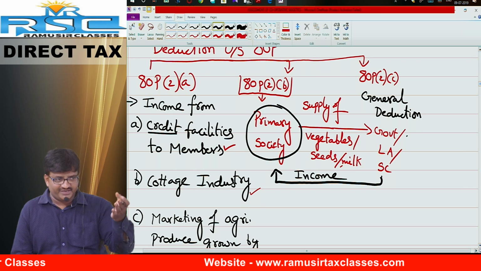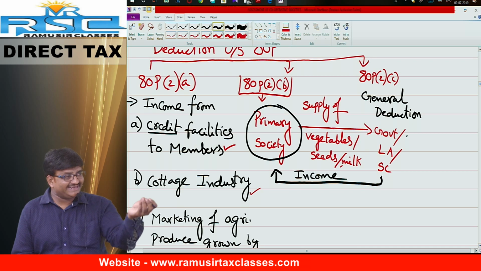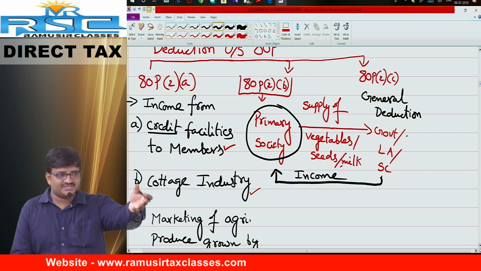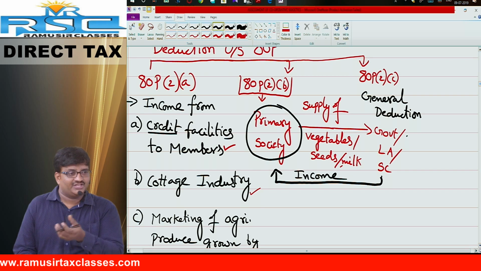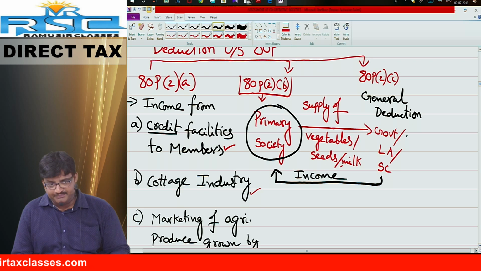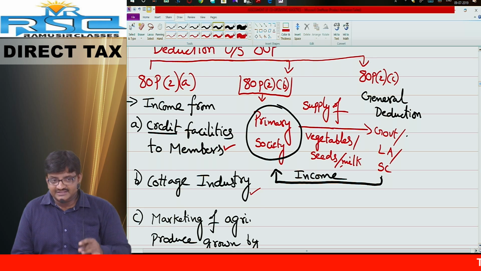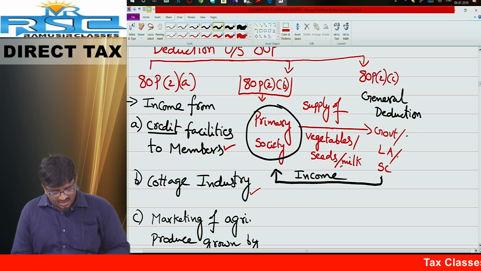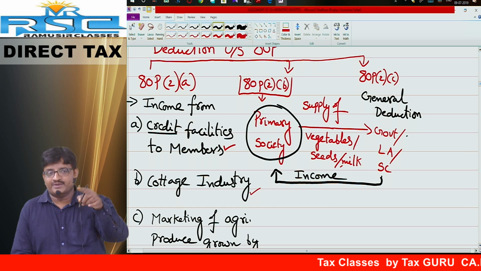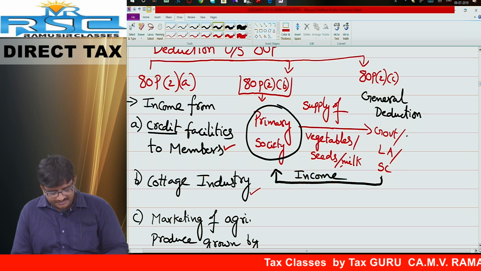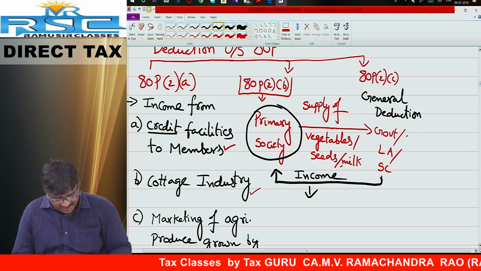In government schools in the afternoon they offer lunch, providing egg and milk to students. For that purpose they purchase from the market. So government can buy the same from the primary cooperative society. If those primary cooperative societies get income from the government, local authority, statutory corporation or federal cooperative society on account of supply of milk, vegetables, seeds, in such case the income is also allowed as deduction.